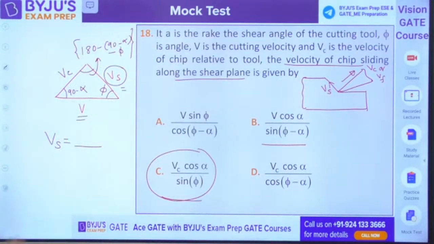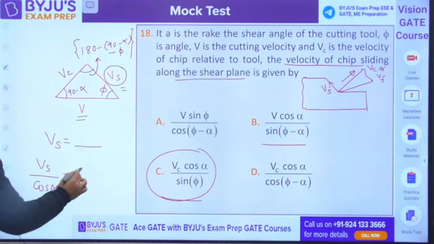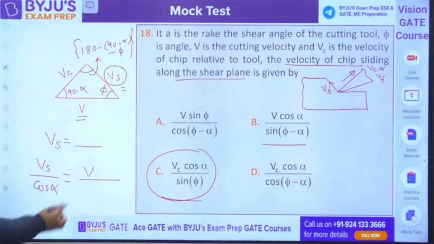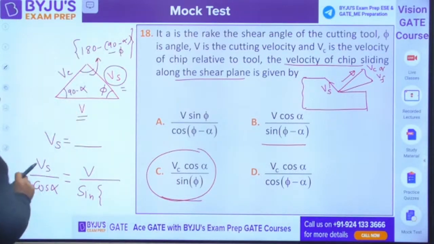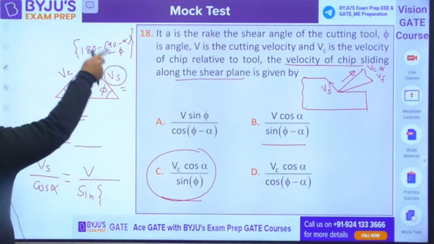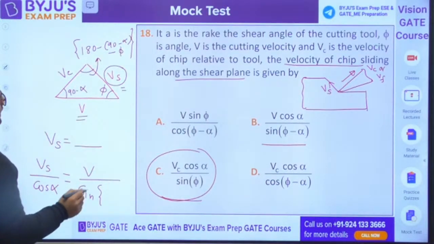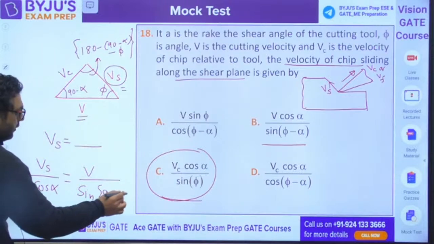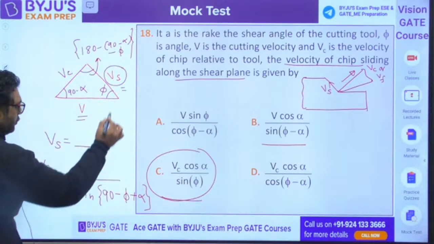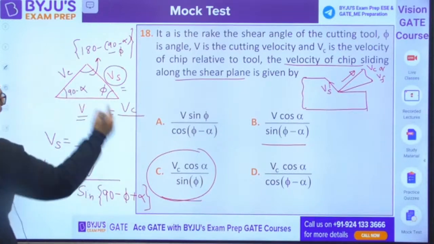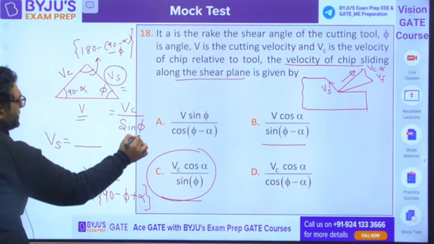If you write the velocity triangle, Vs divided by sin(90 minus alpha), which is cos alpha, equals V divided by sin(180 minus 90 minus phi plus alpha), which becomes 90 minus phi plus alpha, and it equals chip velocity divided by sin phi.